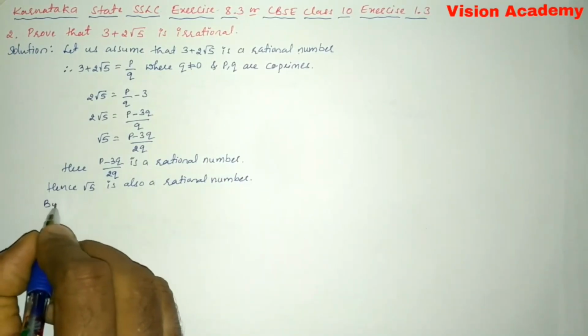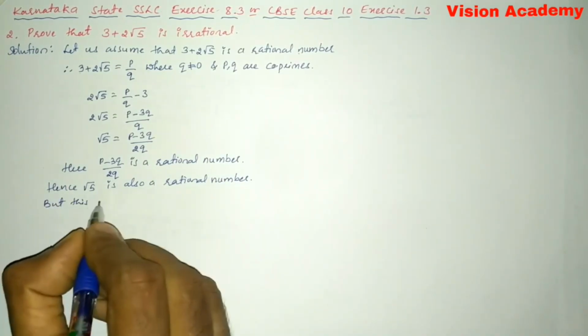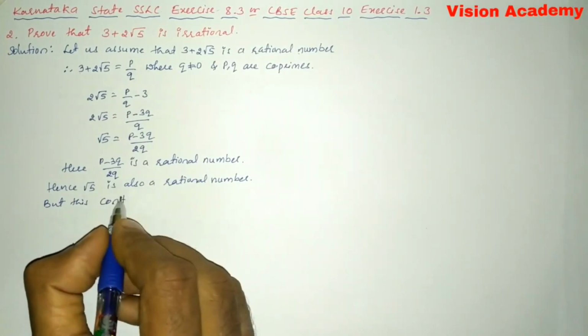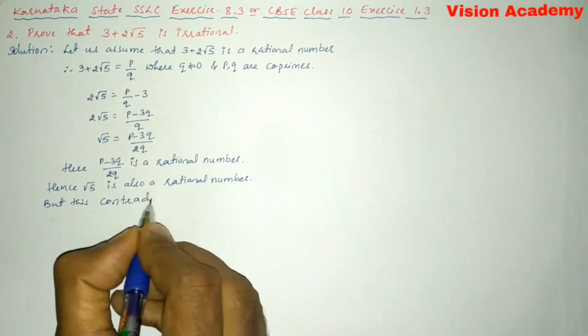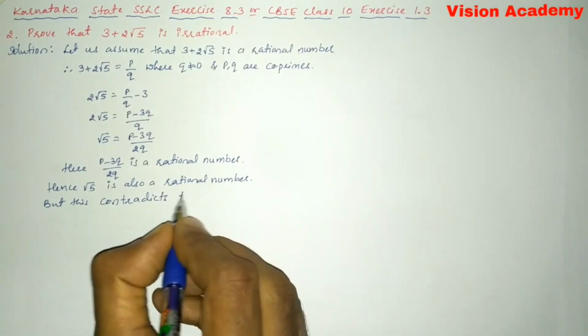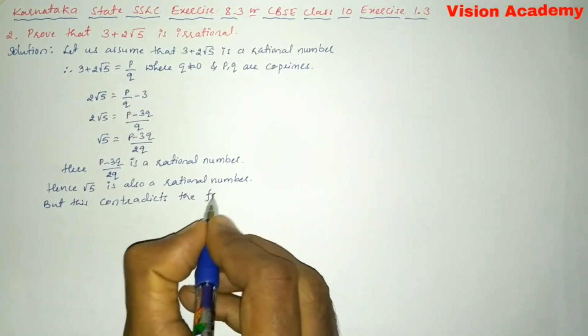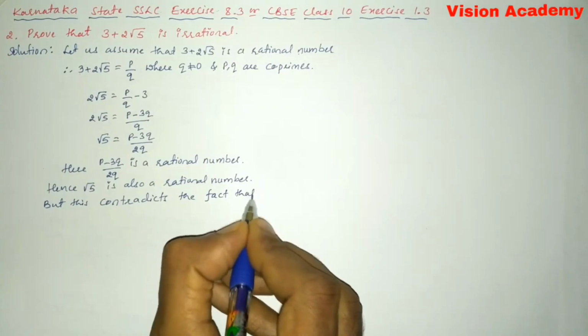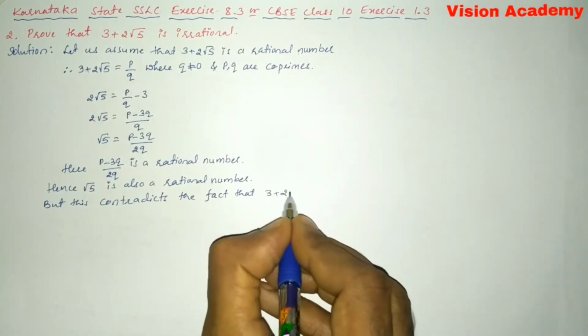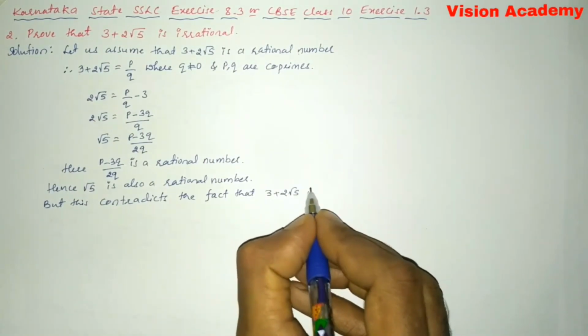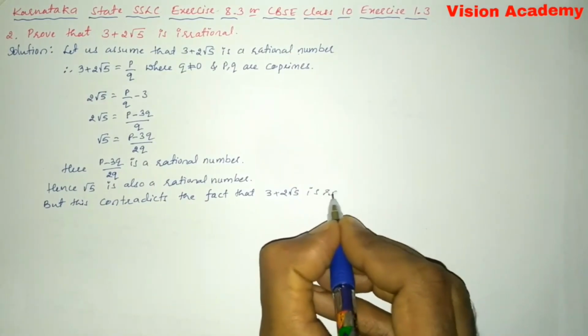But this contradicts the fact that 3 plus 2 square root of 5 is irrational.